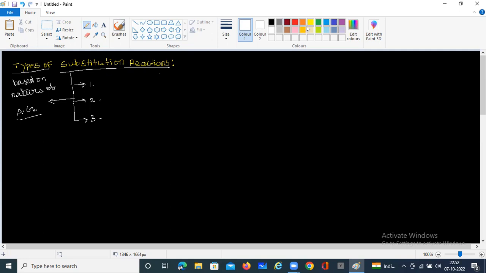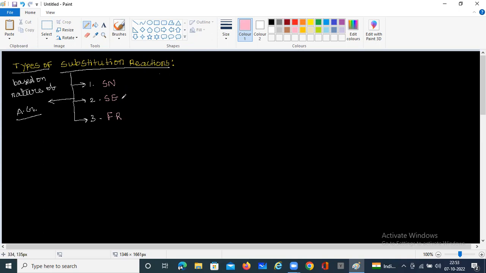So what are the 3 types? The first one is nucleophilic substitution reactions, meaning SN reactions. The second is electrophilic substitution reaction, meaning SE. The third is free radical substitution reaction.